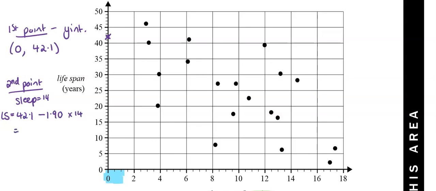And so that will give me the value of 15.5. So my coordinate that I'm going to plot is 14 and 15.5. So 14, 15.5 in here. Again, I want to grab a ruler, draw a straight line through those 2 points as accurately as I can, and there's my regression line.